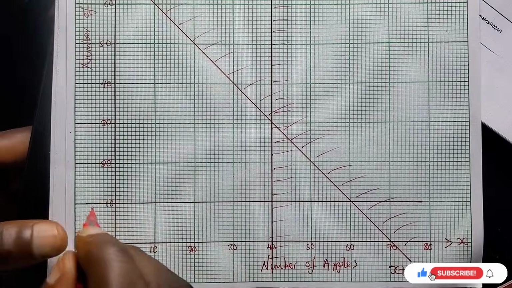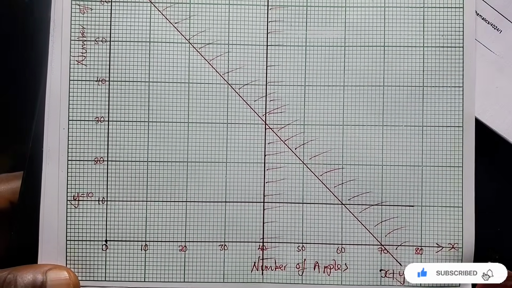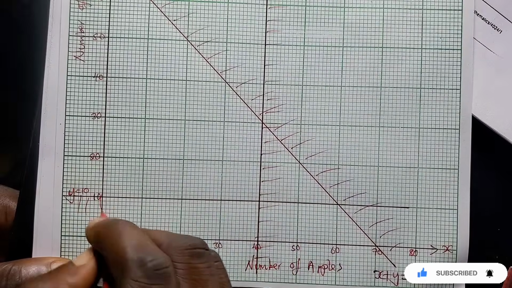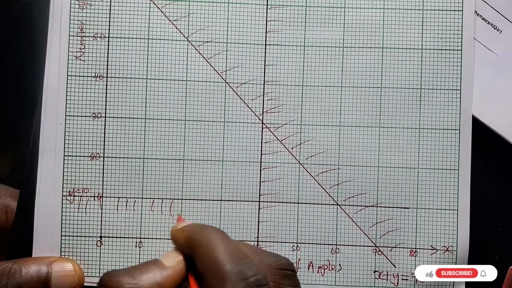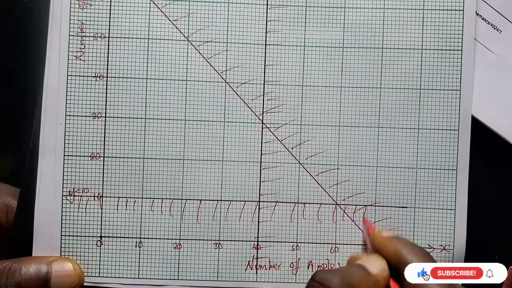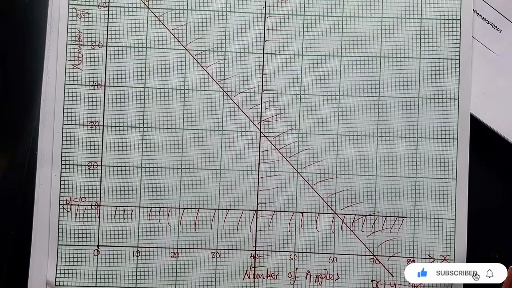Then this is y equals to 10. Then, since it is greater than, we are going to shade on the opposite, which is the less than side. We still don't have a wanted region, but I think it's supposed to be somewhere here. But we still have another inequality.